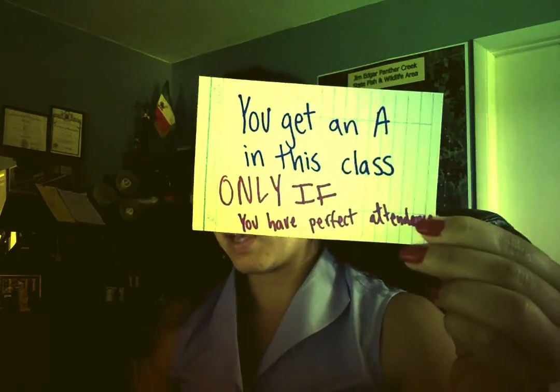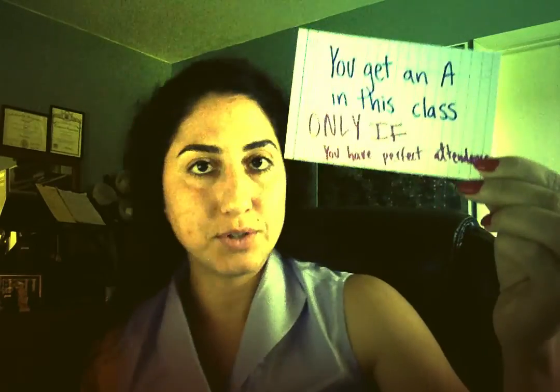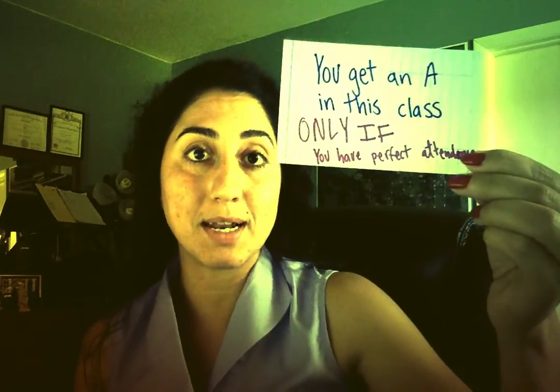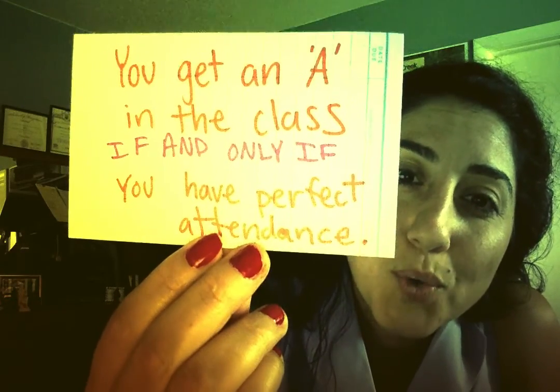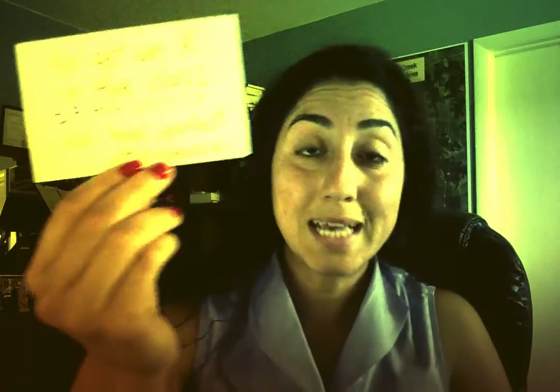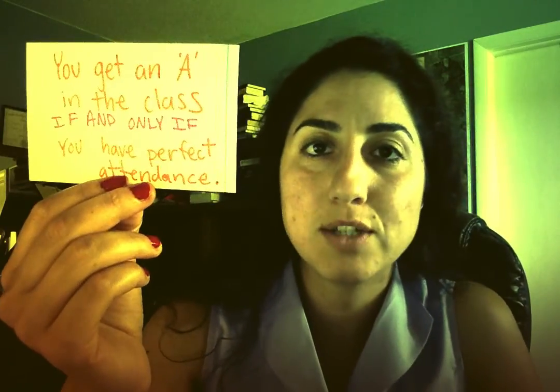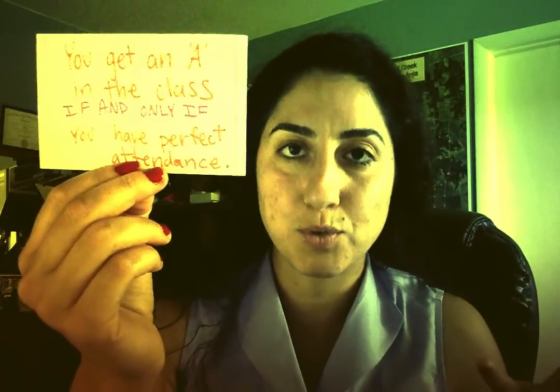Let's compare this to the same scenario. You're a student in the class, you ask your teacher, how do I get an A? And your teacher says this statement instead. You get an A in this class if and only if you have perfect attendance. They can keep talking, but they're not going to tell you more that's required of you.